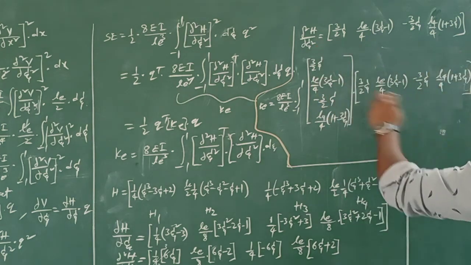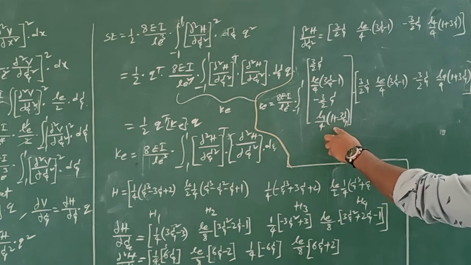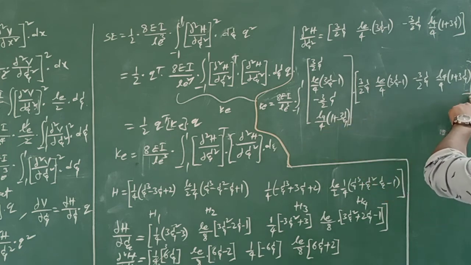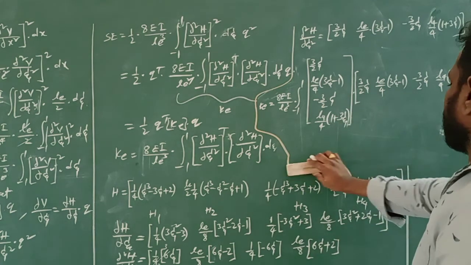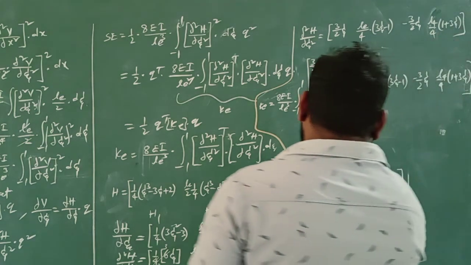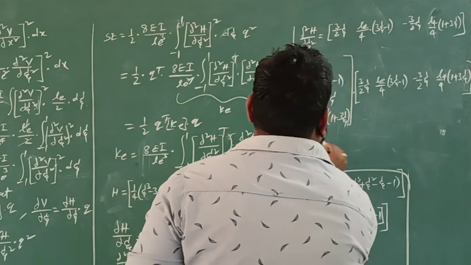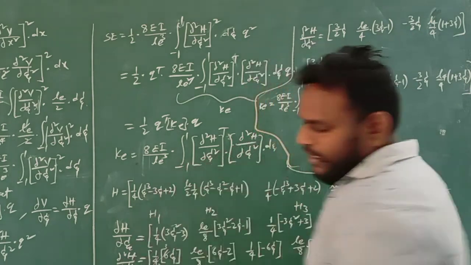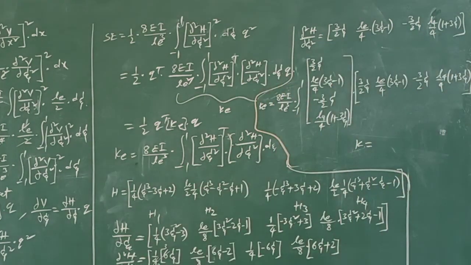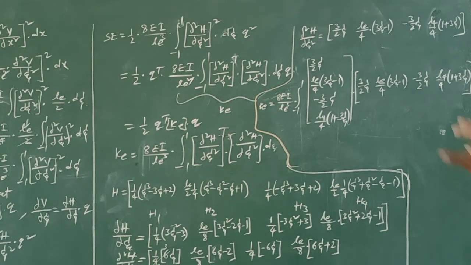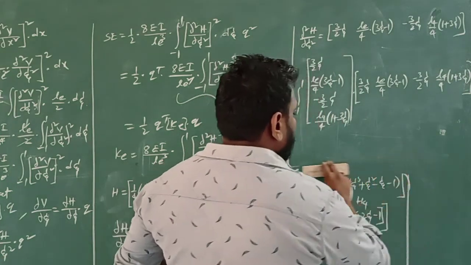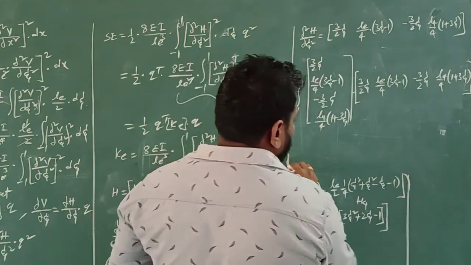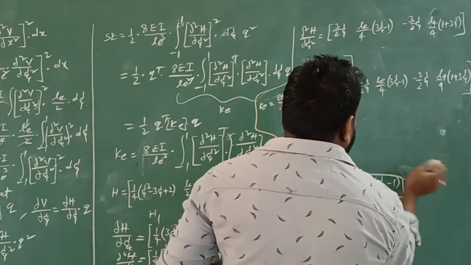Okay, we will get here a 4 by 1 matrix, here a 1 by 4 matrix. It will become a 4 by 4 matrix. Okay, so finally we got the stiffness matrix K. After multiplication we will get the stiffness matrix easily.